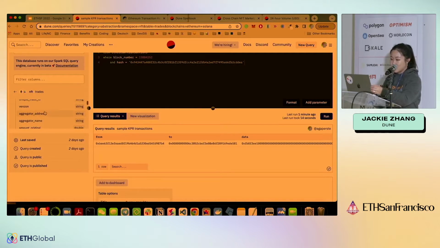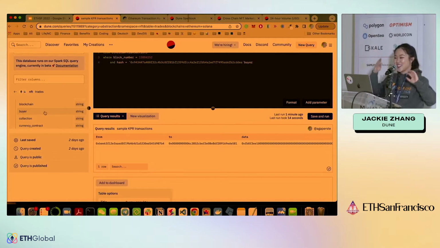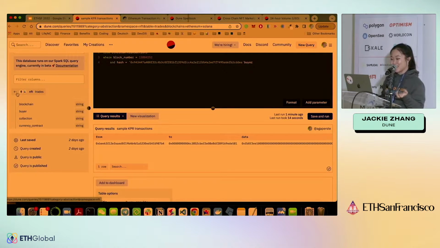From here, you can already see the amount being traded, and you can also see the buyer and the seller. If you start from the top, we actually have a table like this, a spellbook table, but that's a bit of a diversion from what we're talking about here. So those are the three types of tables that we have.